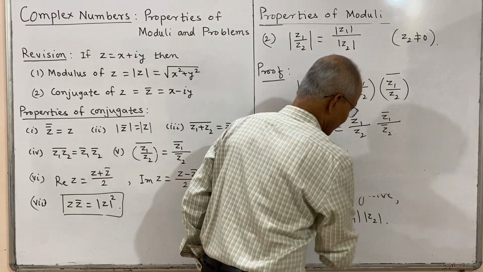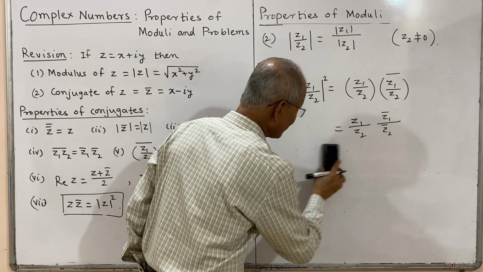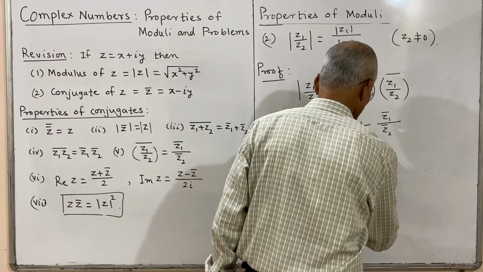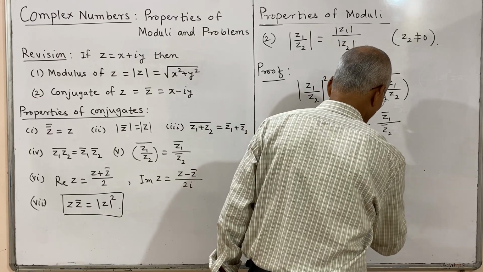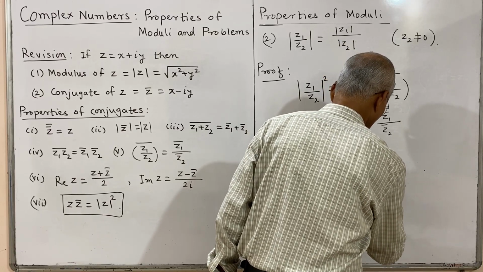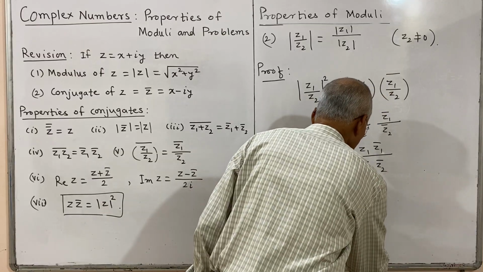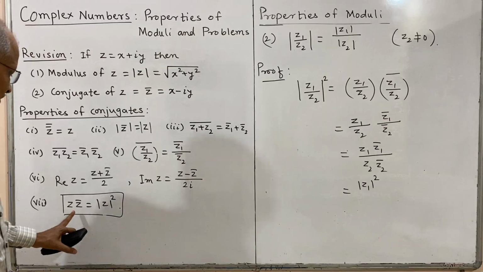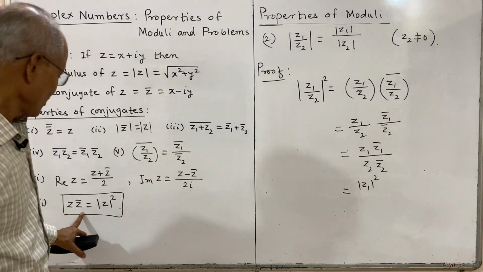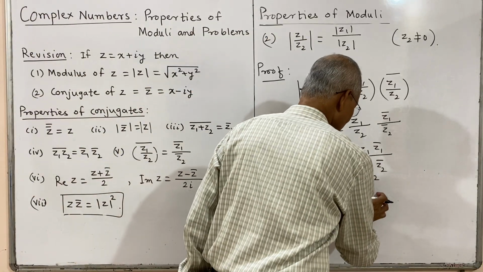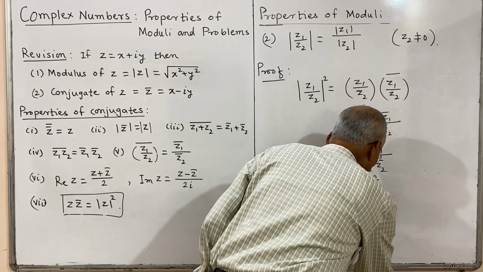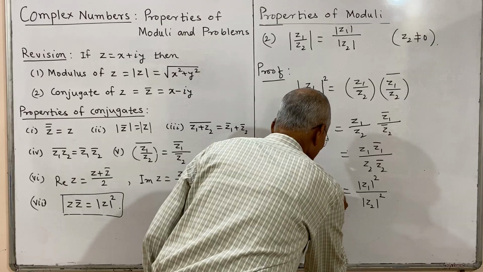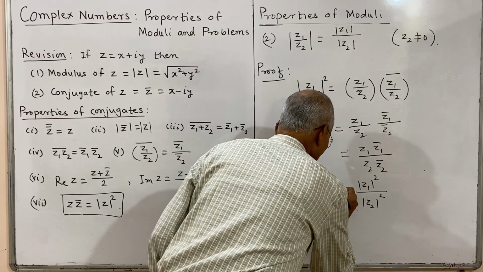Now see, the numerator is z1 into z1 bar and the denominator is z2 into z2 bar, and thus this is again, by the property, the last one, z z bar is mod z square. So this is mod z1 square divided by mod z2 square, and the left side is mod of z1 by z2 whole square.